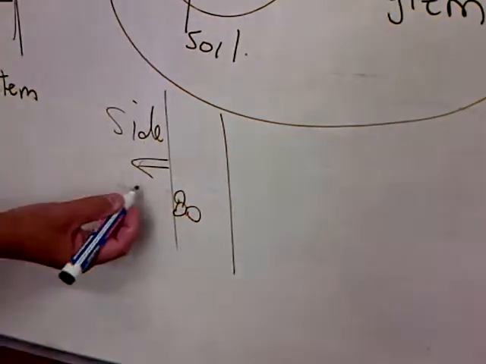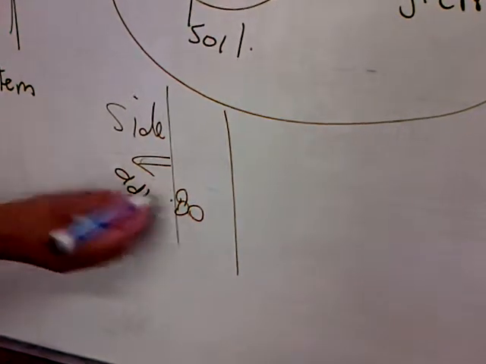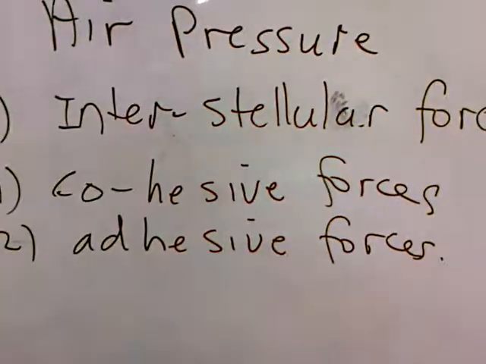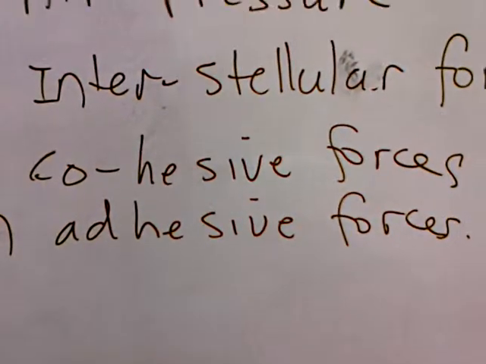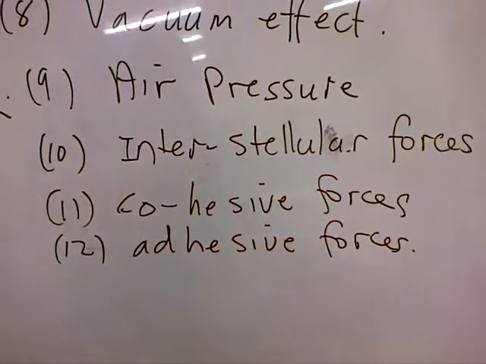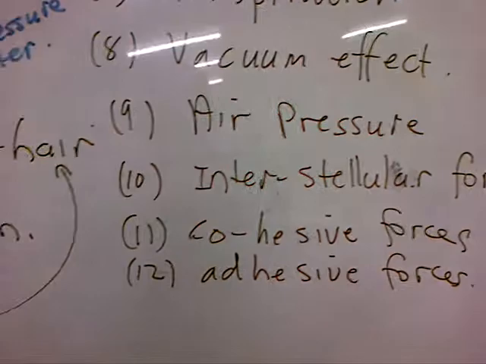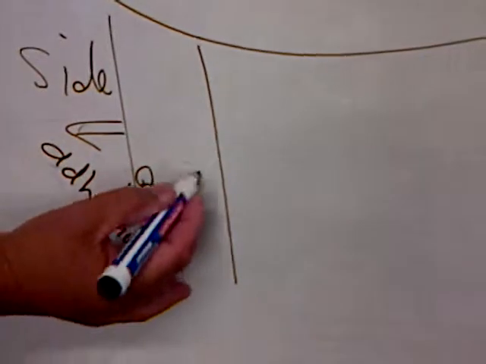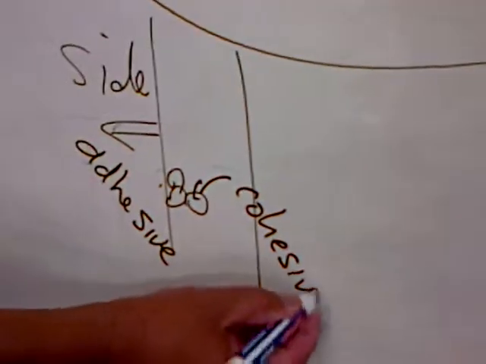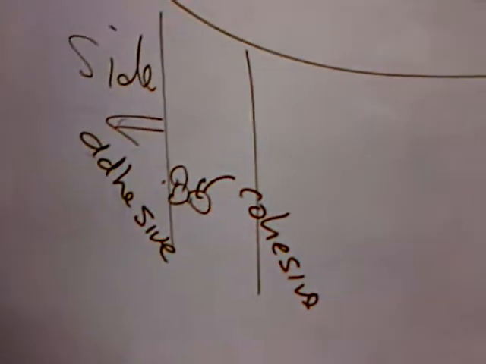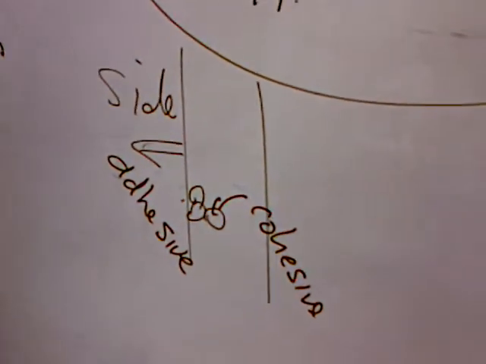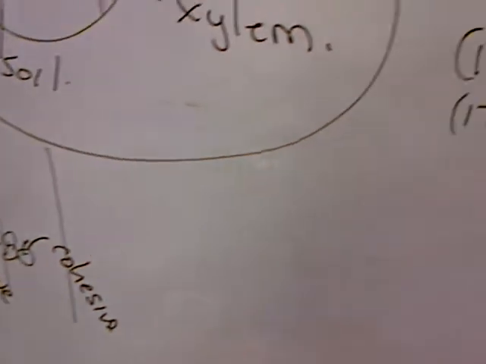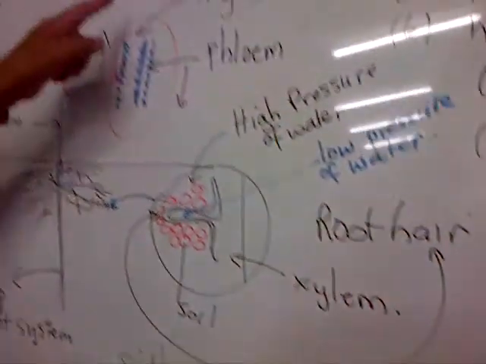So the adhesive forces here are stronger than the cohesive forces. Cohesive forces means forces between molecules of the same kind, and adhesive forces means forces between molecules of different kinds. In this case, the adhesive forces are stronger than the cohesive forces, and that's why it pulls the water up. So now the molecules can climb up this tube.